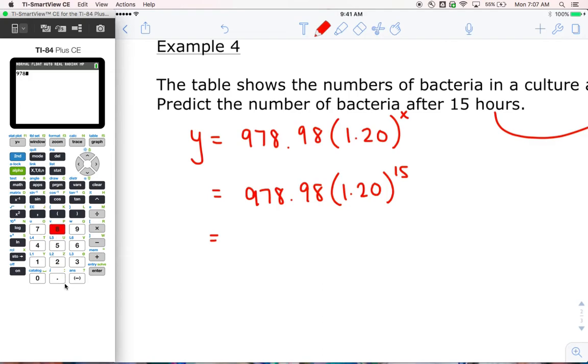So 978.98 times parentheses 1.20 to the power of 15. And there's our answer. We've got 15,083 and 0.1, so I'm going to round down and just keep it here. So 15,083 bacteria.